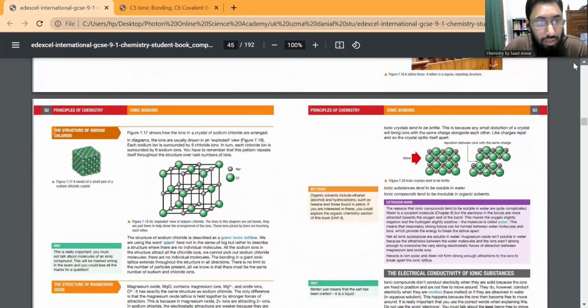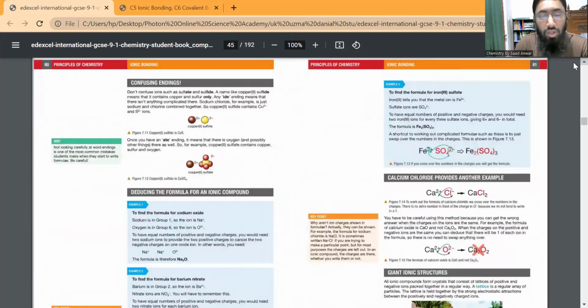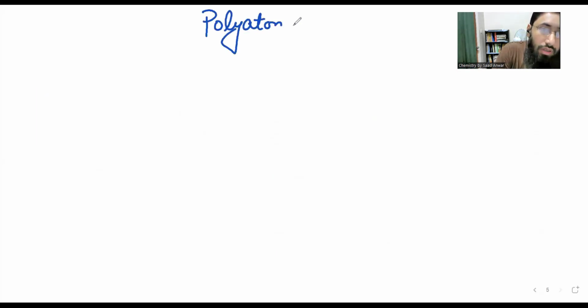There is another thing, and we call it polyatomic ions. Polyatomic ions means those ions which have a group of atoms.